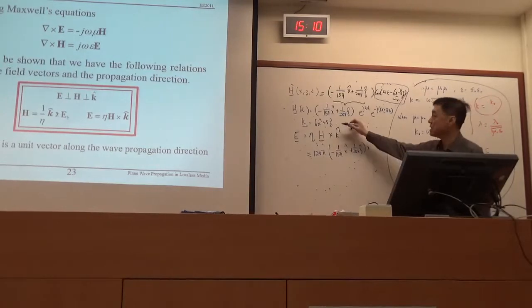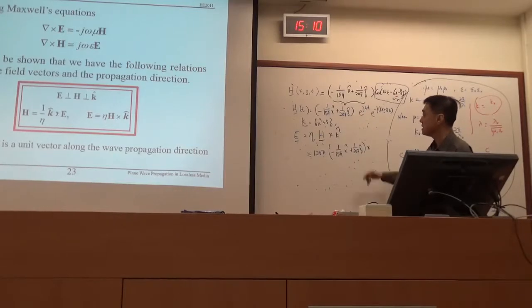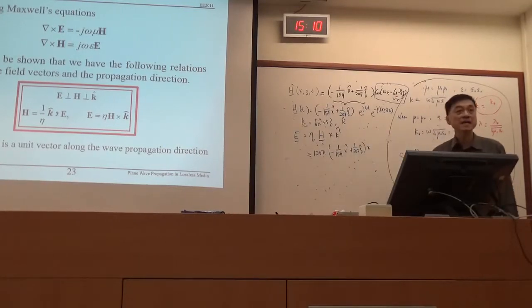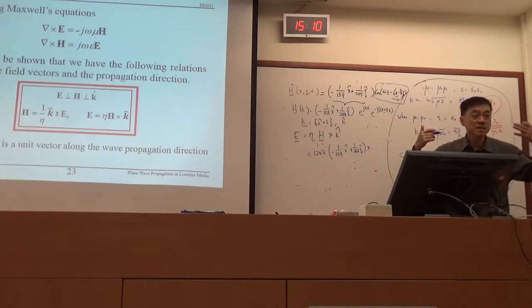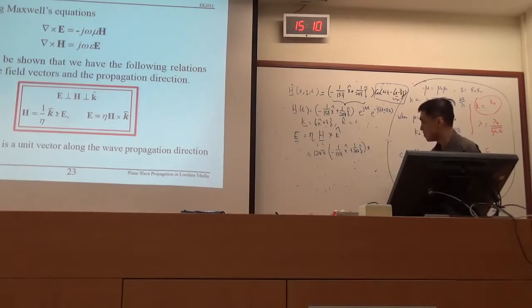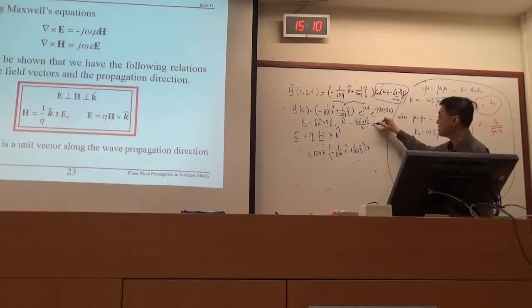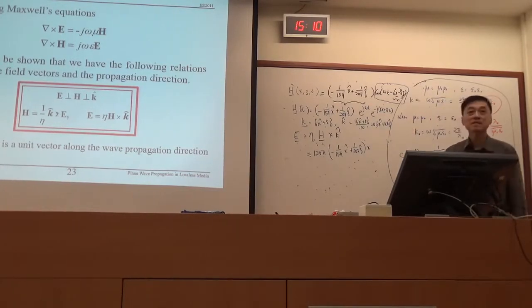What is the unit vector k? The unit vector k is the vector k divided by the magnitude, so this is equal to 6x plus 8z divided by 10, which is equal to 0.6x plus 0.8z. Am I correct? Everybody can get it?